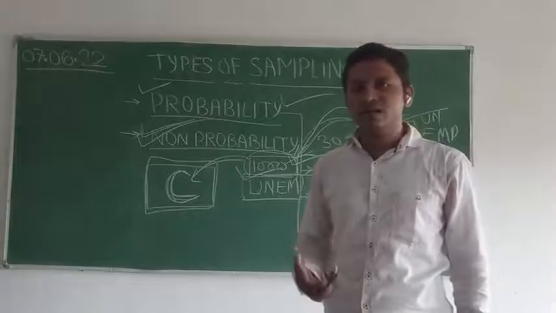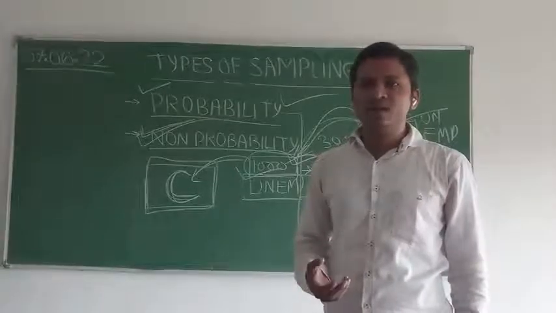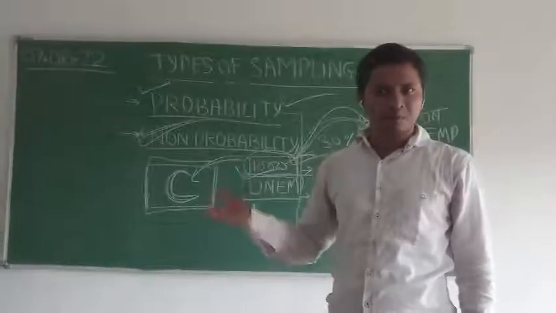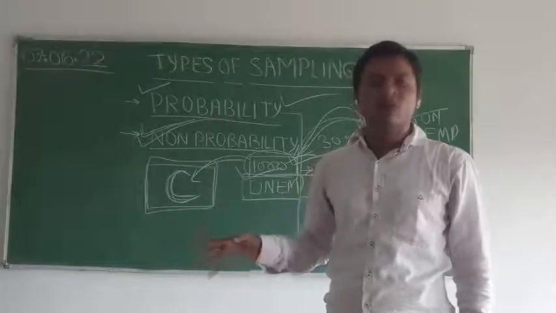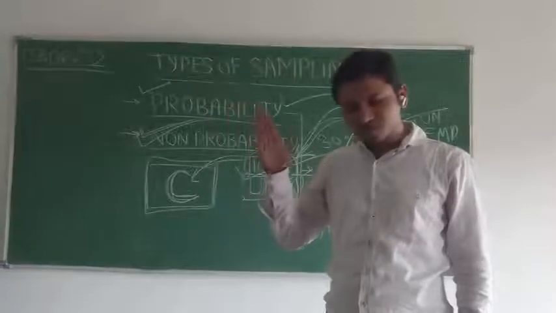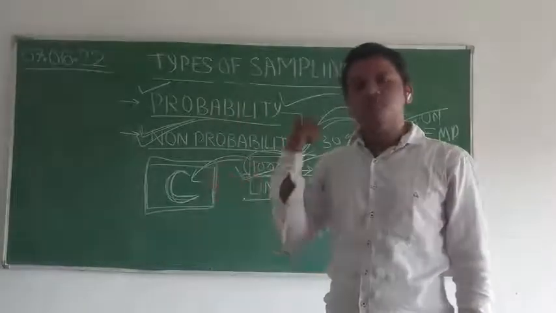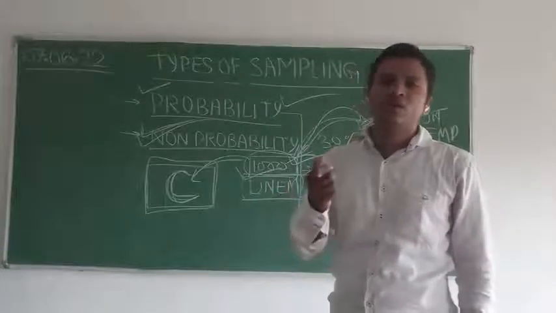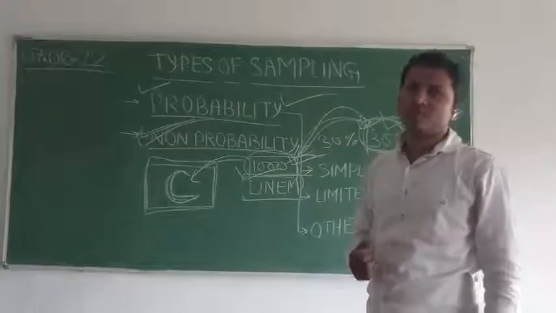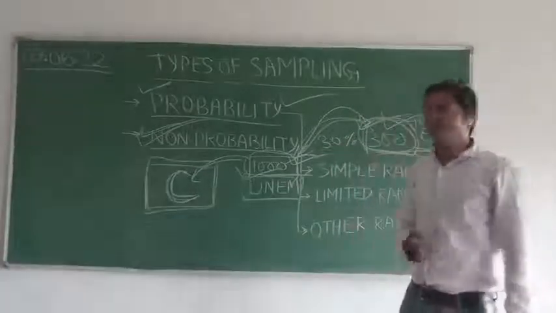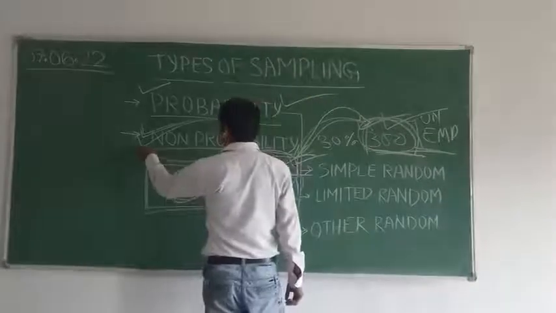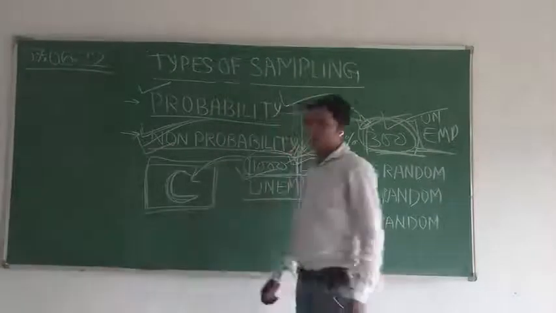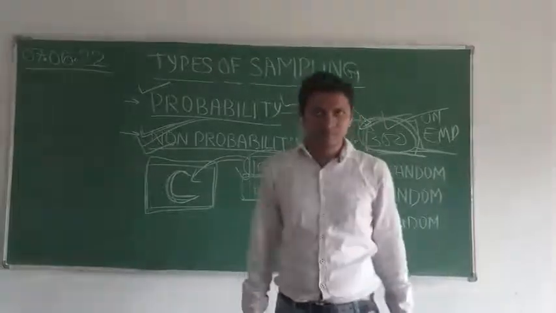Maybe in a certain condition, with certain demands, the people who belong to a certain universe or social unit can be chosen for their purposes. So in non-probability sampling it is not possible for everybody to be chosen.